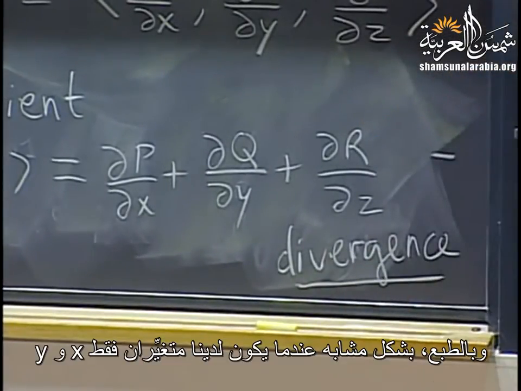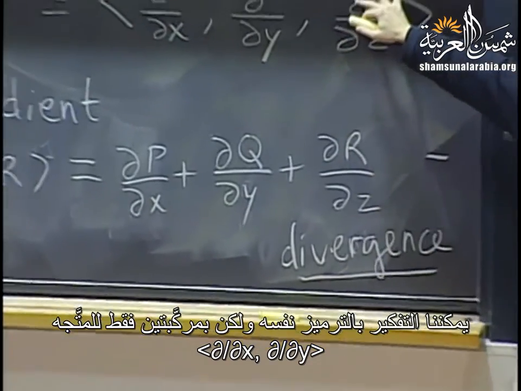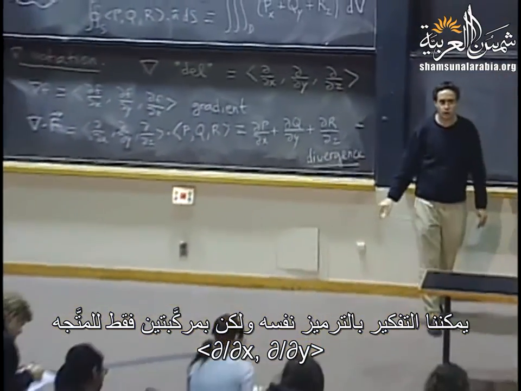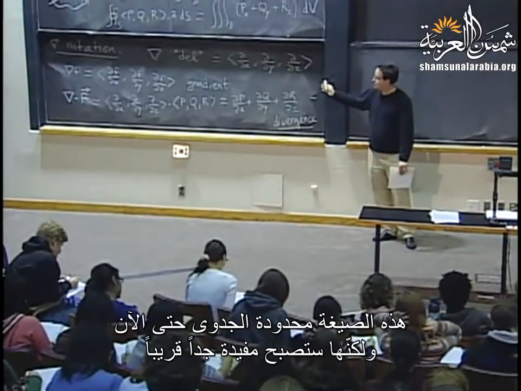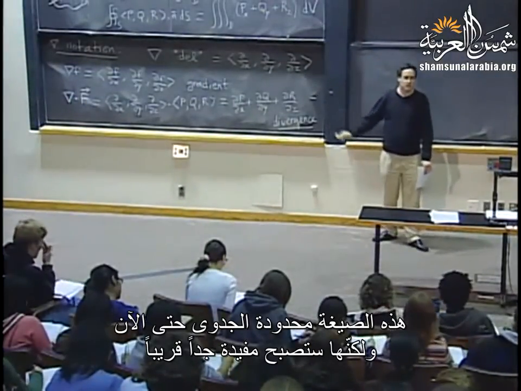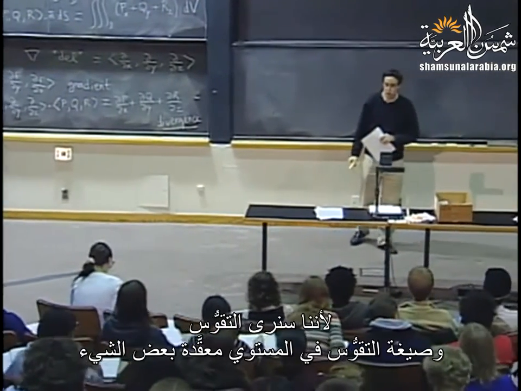Of course, similarly, when we had two variables only, x and y, we could have thought of the same notation with a two-component vector, partial x, partial y. Now this is of slightly limited usefulness so far. It's going to become very handy pretty soon because we're going to see curl.